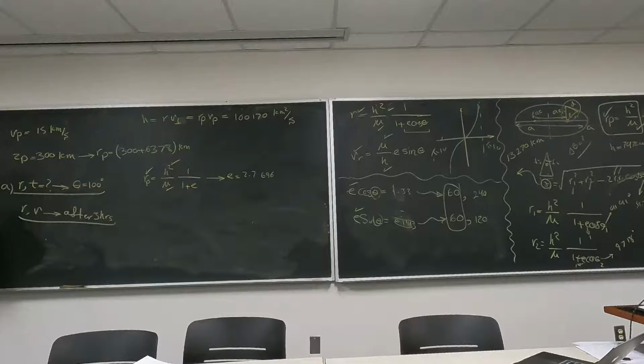Do you remember how we found the true anomaly of the asymptote, or theta infinity? That's different than mean anomaly? Yes. That's the true anomaly of the asymptote.